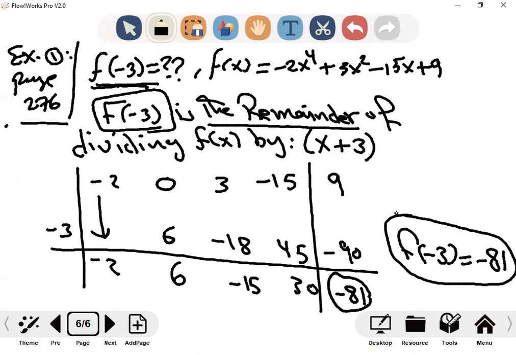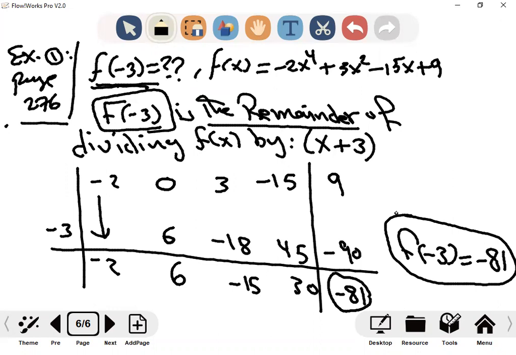But the power is outside the parenthesis, not inside. Plus 3, parenthesis, -3 power 2, power outside the parenthesis, minus 15 multiply -3, plus 9.